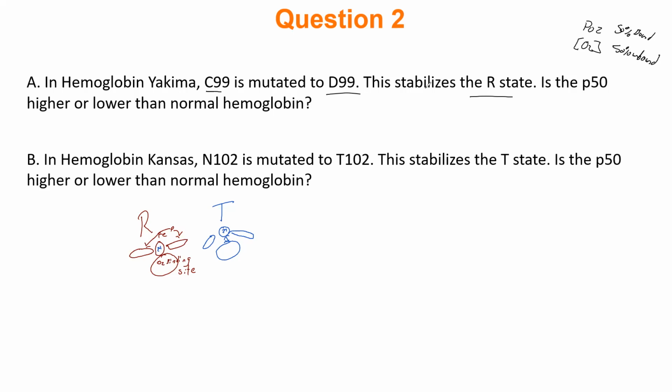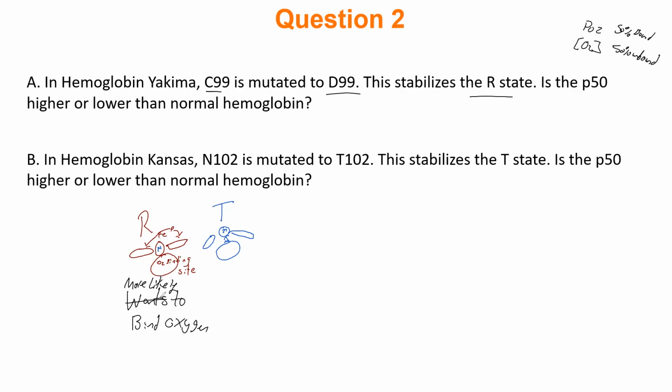All right, let's talk about Yakima. So I stabilized the R state. In the R state, my iron is in my porphyrin ring, which is right next to the binding site. So the R state wants to bind oxygen. Or I guess, instead of wants, because proteins don't want to do anything, more likely to bind oxygen.